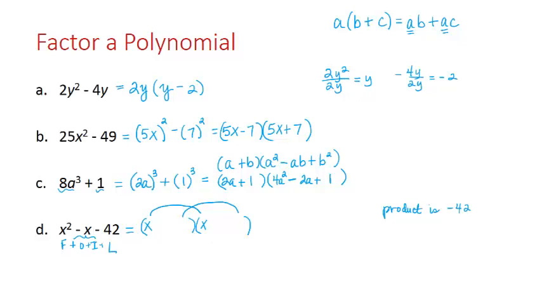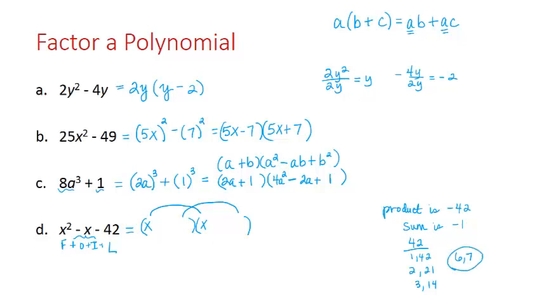And so when I add those factors, their sum has to be a negative 1. So if I think about all the things that multiply to be 42, 1 and 42, 2 and 21, 3 and 14, and 6 and 7, the only ones that I can get a sum to be negative 1 is the 6 and 7.